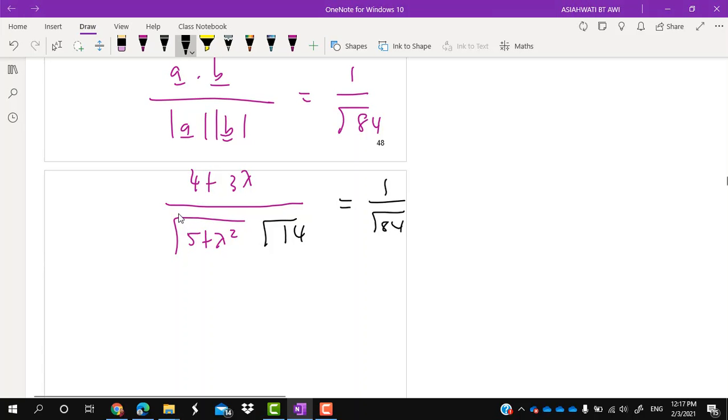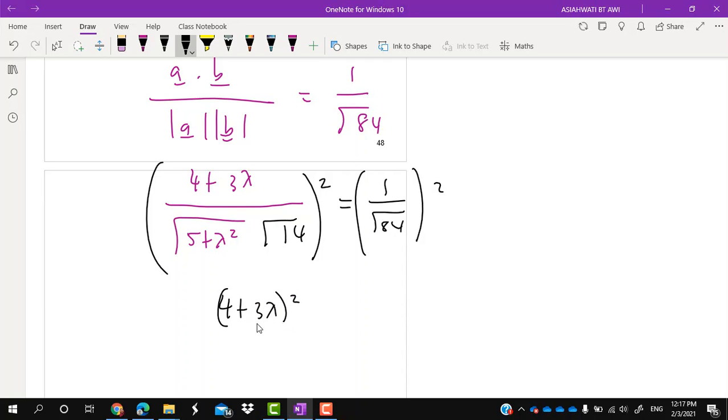Square both sides. Then it is equal to 4 plus 3 lambda all squared over 5 plus lambda squared times 14 is equal to 1 over 84.